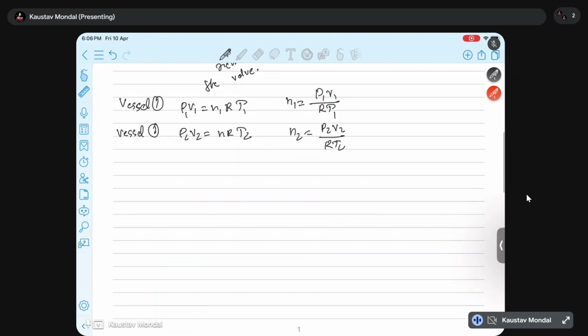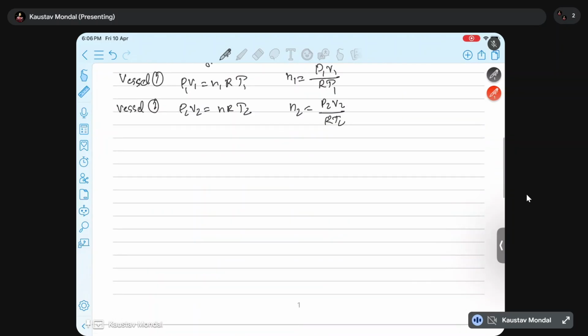Now when the two vessels are connected, the total pressure, let's suppose, is P, the total volume is V, and the temperature is T for the whole mixture. So in that case the gas equation will be PV equal to nRT. Now here V is simply V1 plus V2, right? Because volume is an extensive quantity.